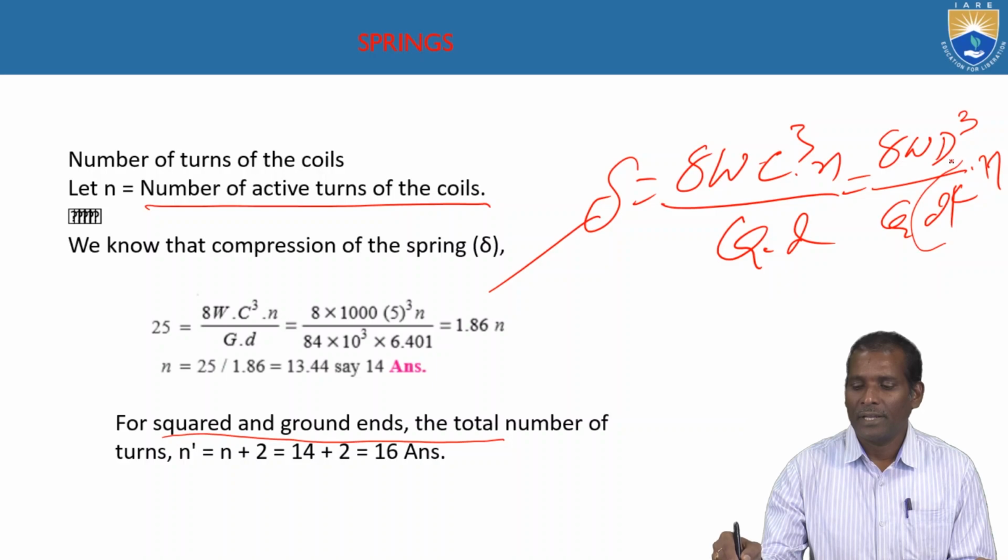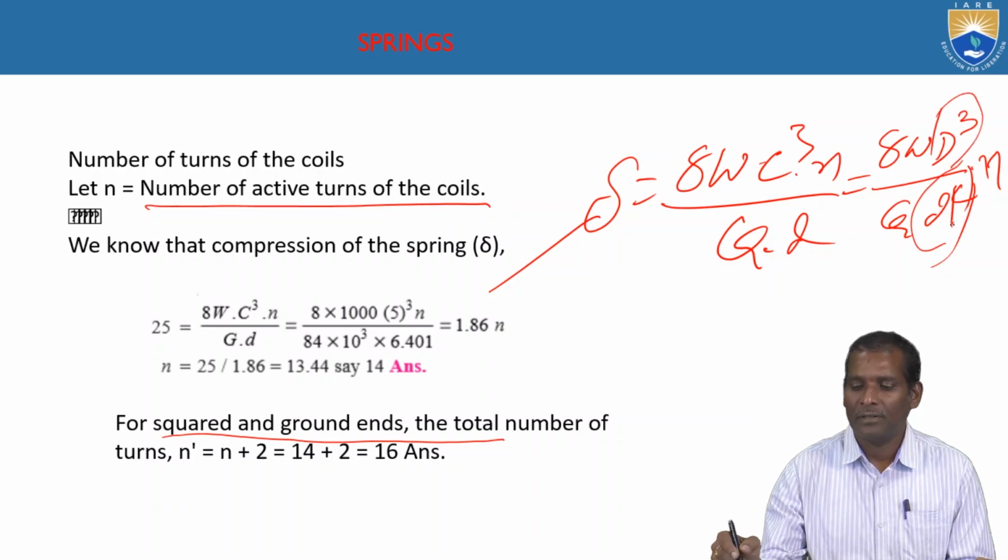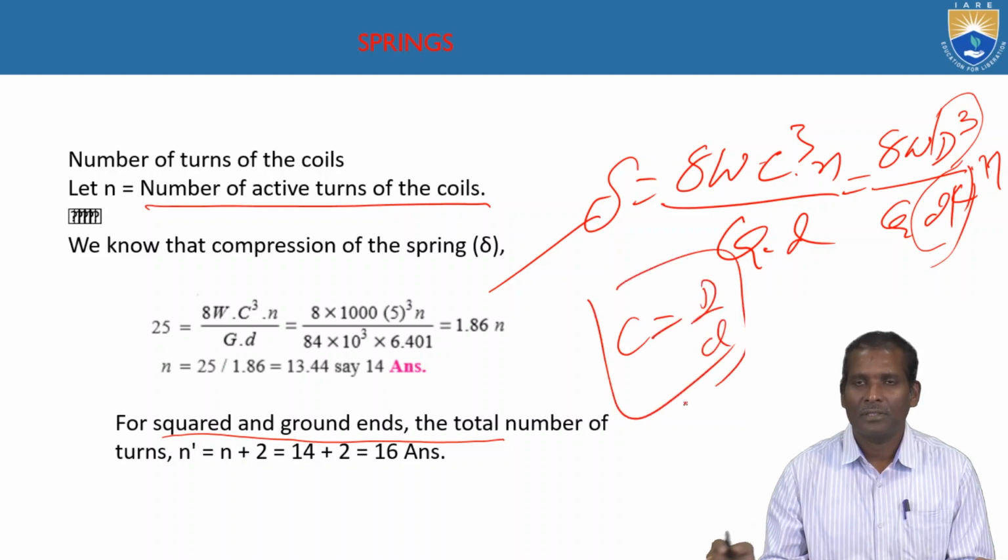So you can write this term d cube and d4, substitute in terms of C. So the equation you can write in terms of C: 8WC cube into N by G d.